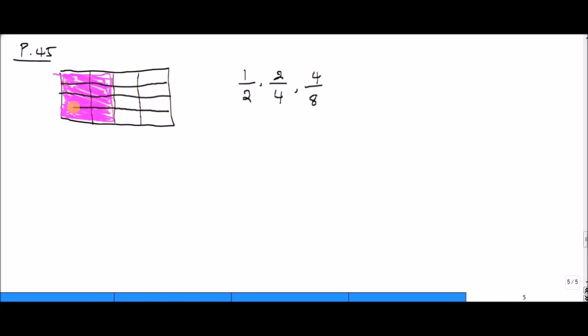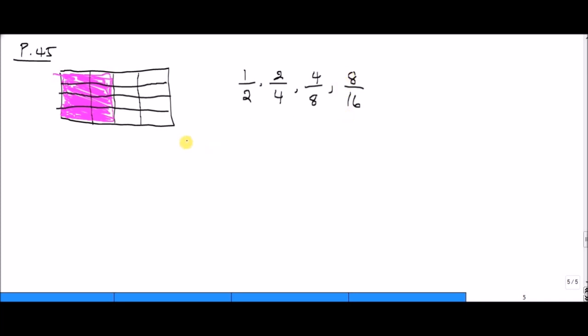One more. We cut like this, and we cut like this. Let's see, we have 1, 2, 3, 4, 5, 6, 7, 8 pieces now. 8 pieces that are shaded out of 16. Now, we'll stop here. So far, we have 3 equivalent fractions for a half, being 2/4, 4/8, and 8/16.